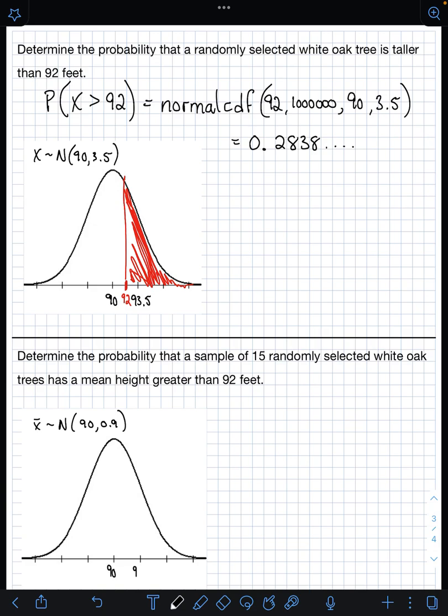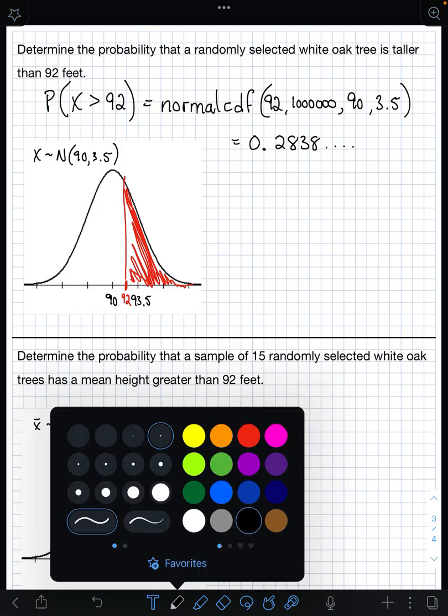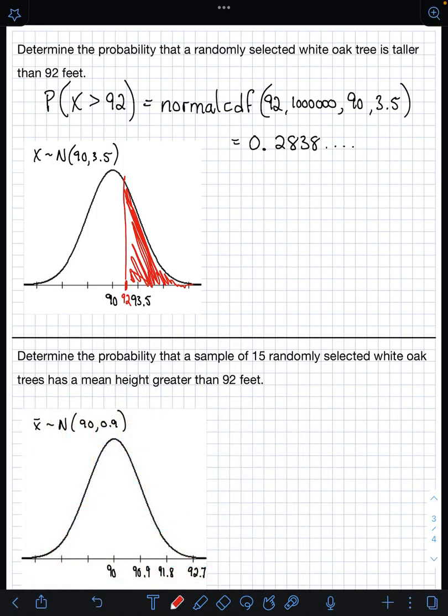So simply going out one standard deviation isn't enough anymore. We're going to need to go a little bit further. To find 92 here, we're significantly further to the right.